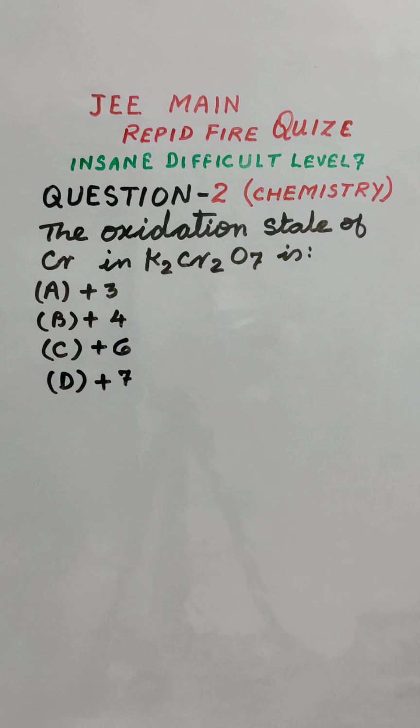Our question number 2 is from chemistry. The oxidation state of chromium in potassium dichromate, K2Cr2O7, is: option A, +3, option B, +4, option C, +6, option D, +7.